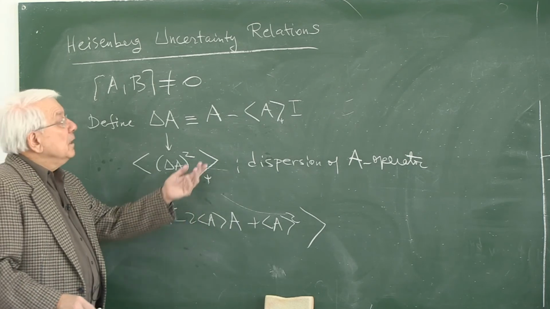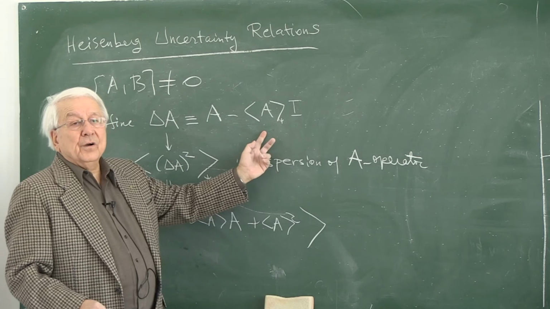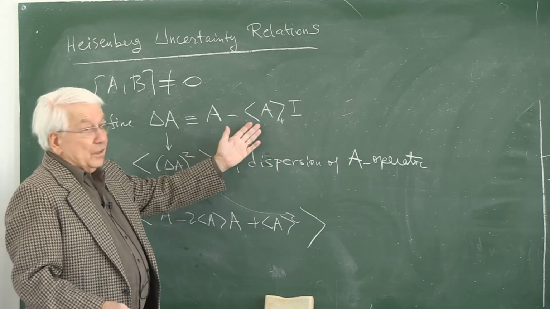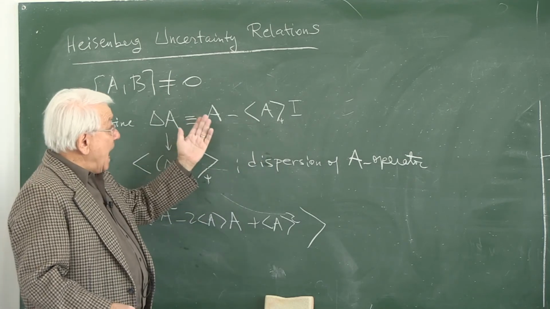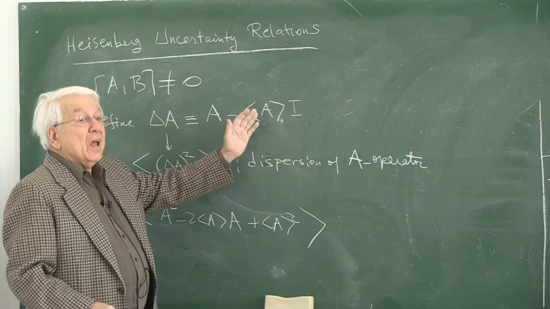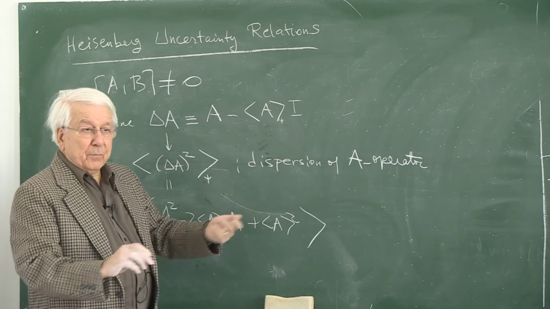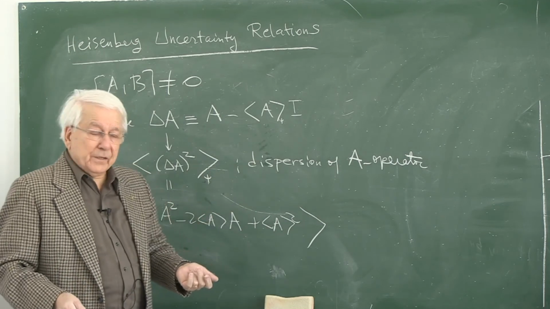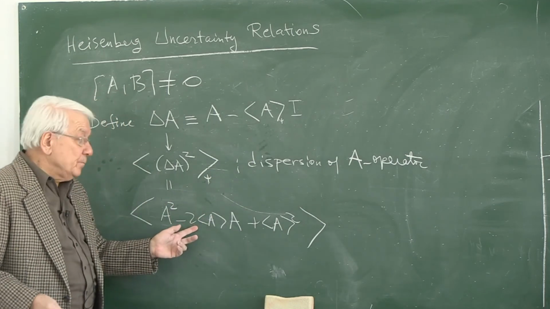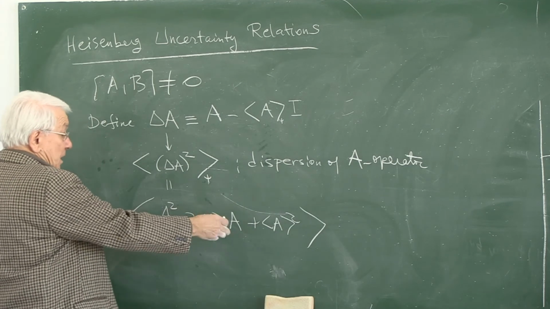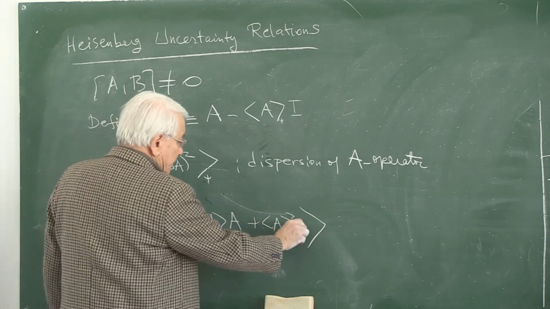I'm not. There's an identity operator, a number. Therefore, it doesn't make any sense to write it as A times expectation value plus expectation value times A, because this is a number. Numbers can be put anywhere of the operator you like. So that's really twice. That's an identity times a number.